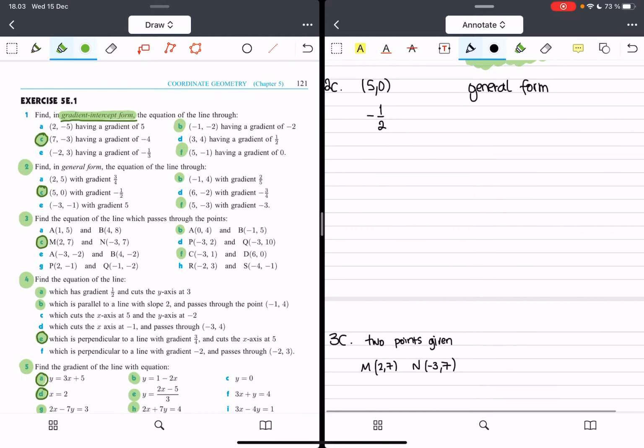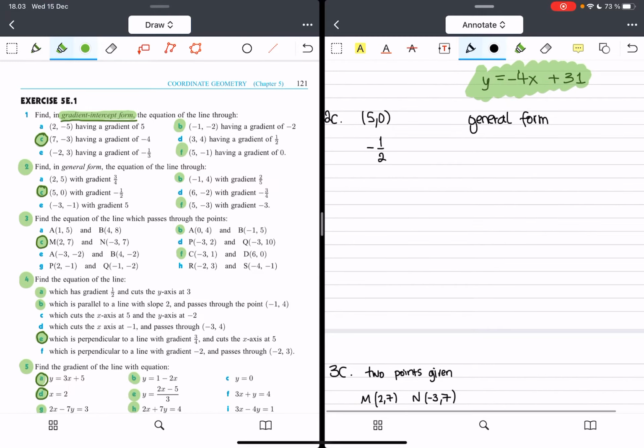Question 2C. The general form. Now you're asked for the general form of a line that has a slope of negative half and goes through the point (5, 0). Again, you write down your formula. You substitute the numbers in.